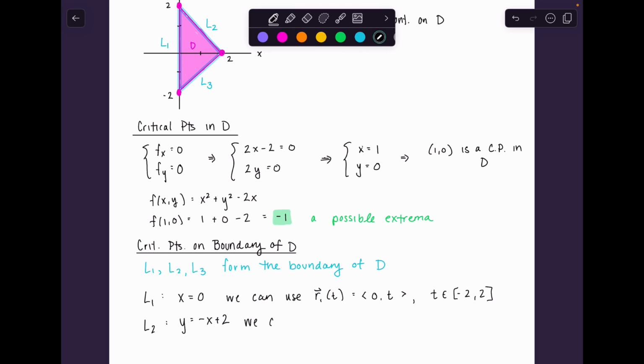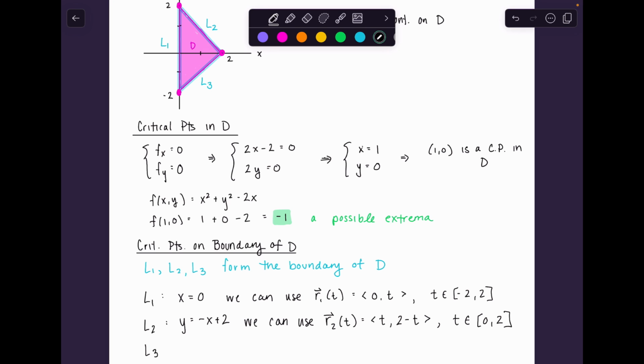So here we can use the vector function R2 of t, where my x is t and my y is exactly that expression. And then if I'm thinking about this segment, the x is varying between 0 and 2. And so my t will do the same.